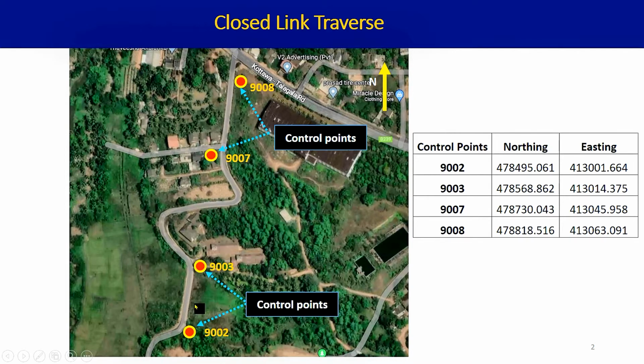The lines joining these control points are known as control lines. So the first line joining 9002 and 9003 can be considered as control line 1.